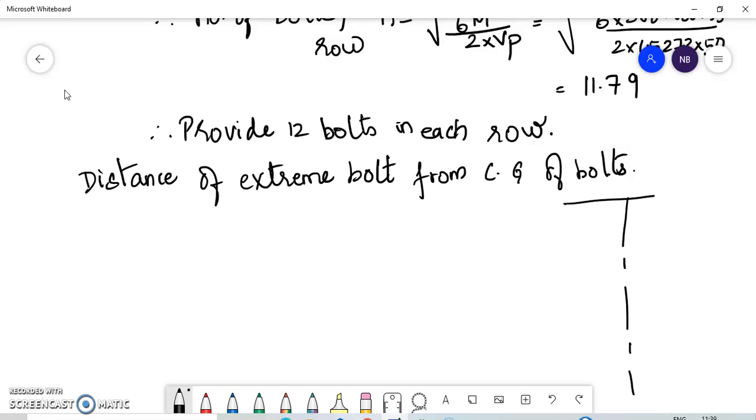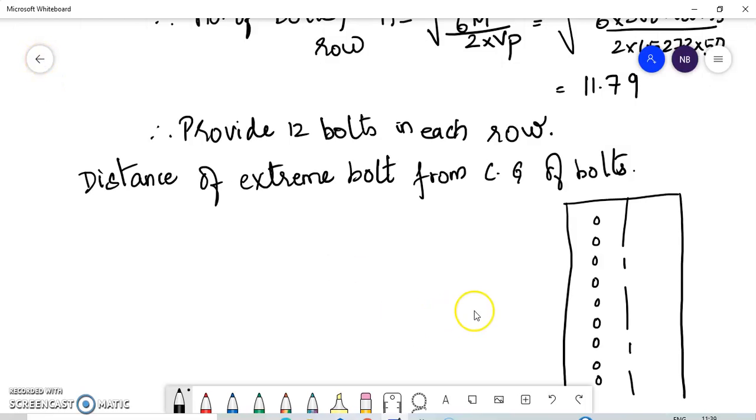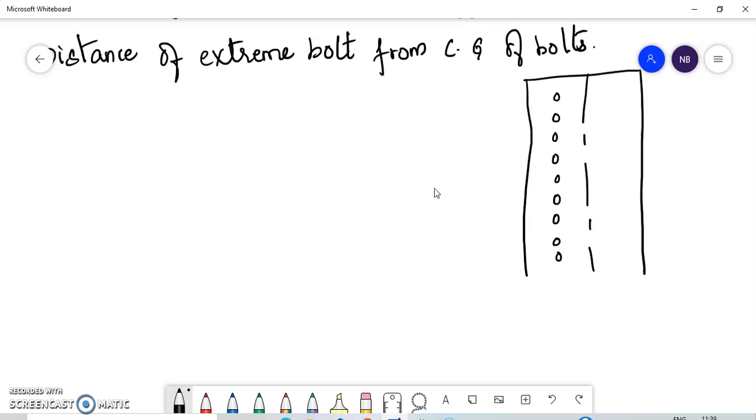Okay, and we have the section something like this. So this is what the section should be looking like.